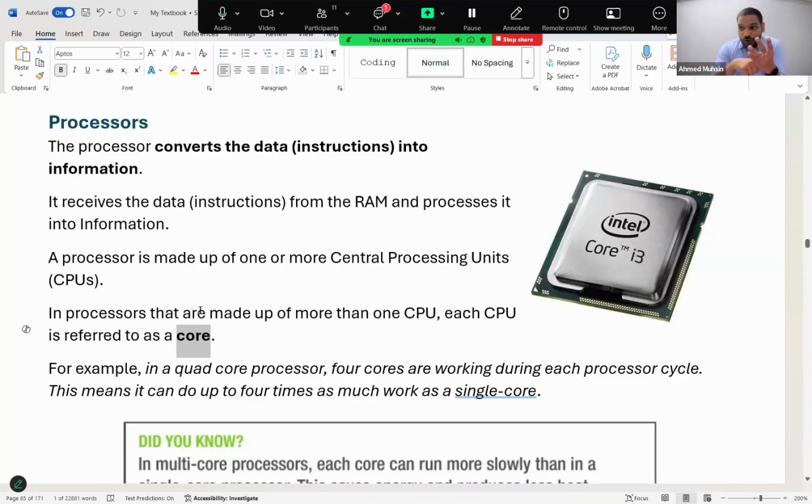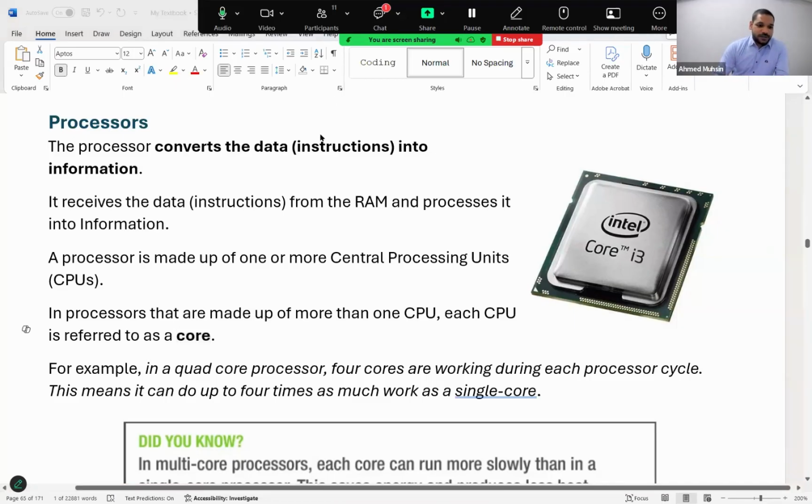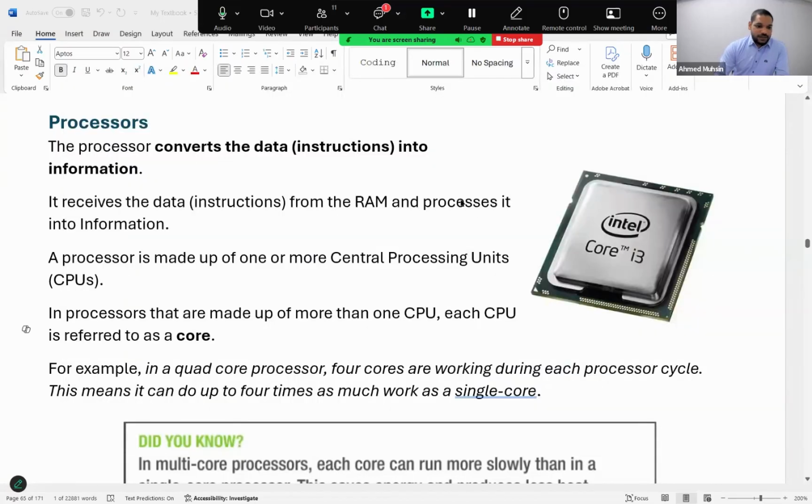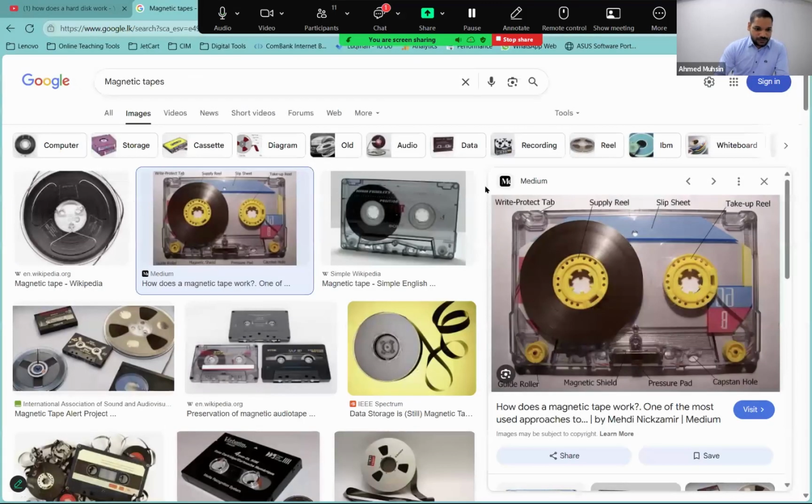Have you heard the word quad-core, hexa-core, octa-core? For smartphones, normally you all would hear it, but it's also for laptops. So everyone look here. Guys, look at this website.